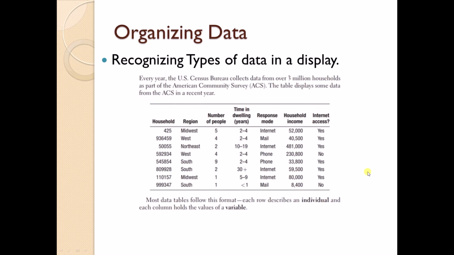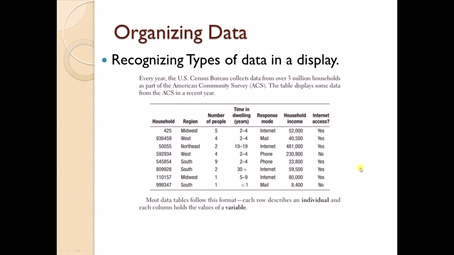Okay, so here's an example that I'm going to ask you to work on real quickly. The Census Bureau collects data from 3 million households as part of the American Community Survey. Here we have a table to display some of this particular data, and it's broken down by household. Here are some numbers that apply to the household: region, number of people within the household, time that they've lived in the household, how they responded, what the income is within the household, and then internet access.